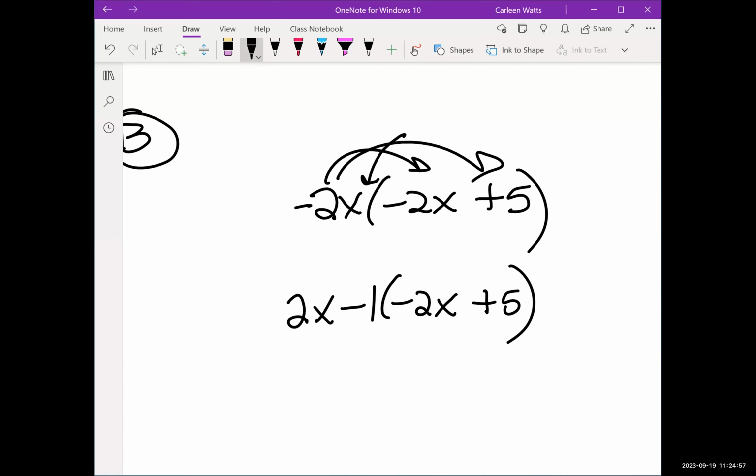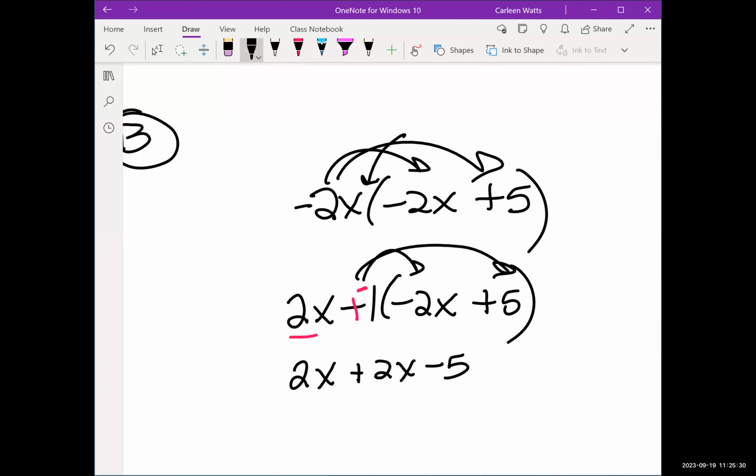Okay. And now I'm going to go keep. Let's do it in a different color. Keep, change. I'm only distributing the -1. So the 2x comes down. The -1 becomes positive 2x. The -1 changes the 5 to minus 5.